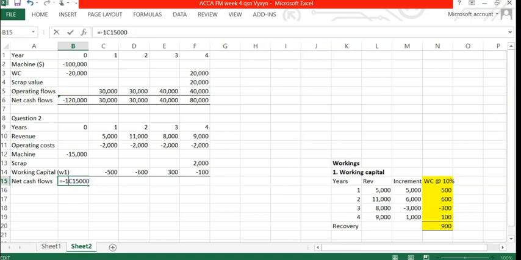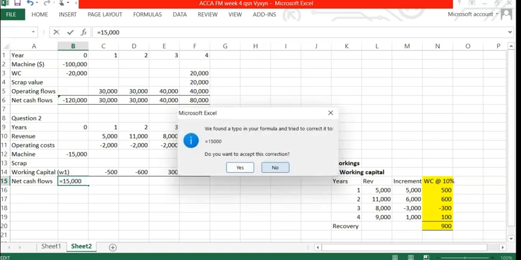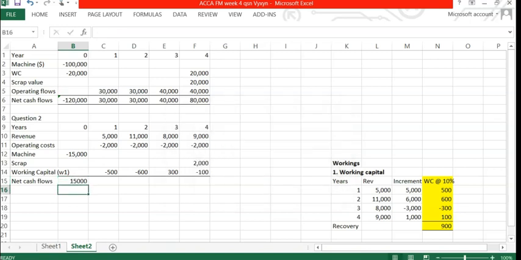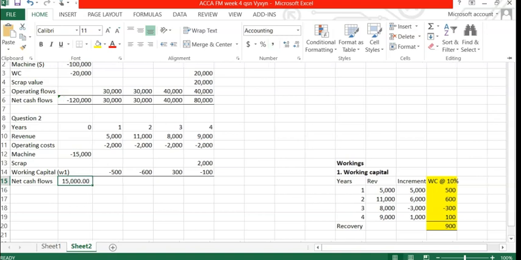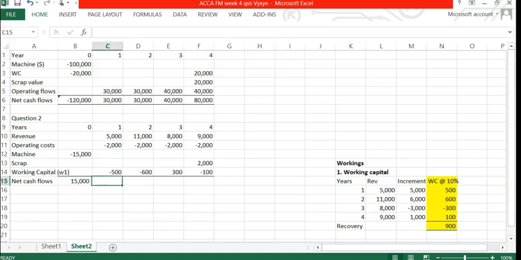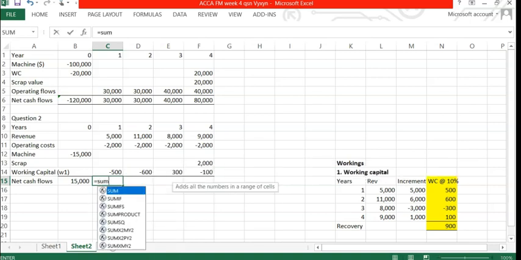For the commas you can as well come to our formatting here. And if you don't want those other zeros, you simply just have to remove them. Then here you say equal sign, you just do the additions.